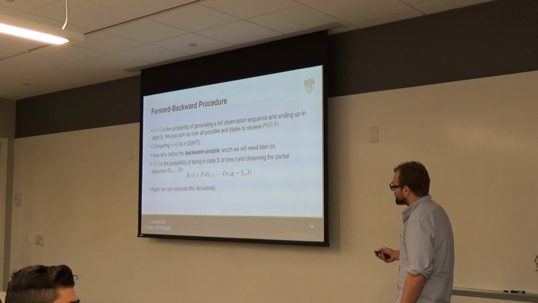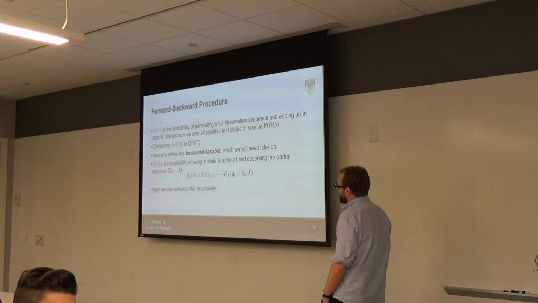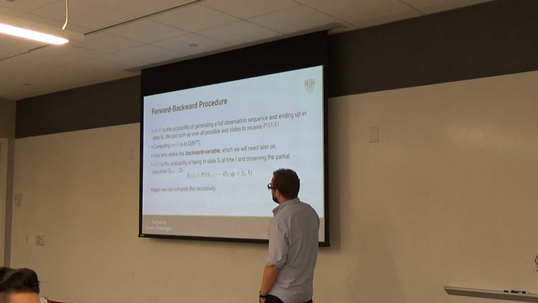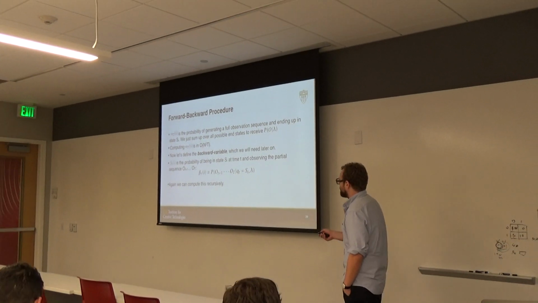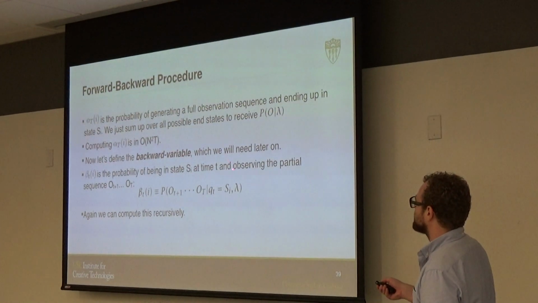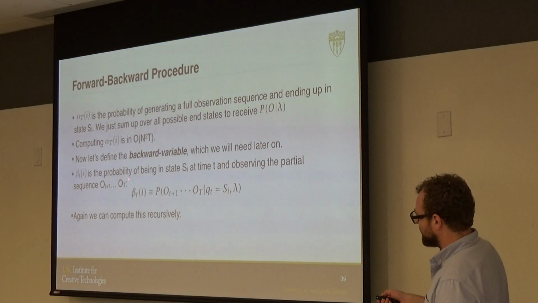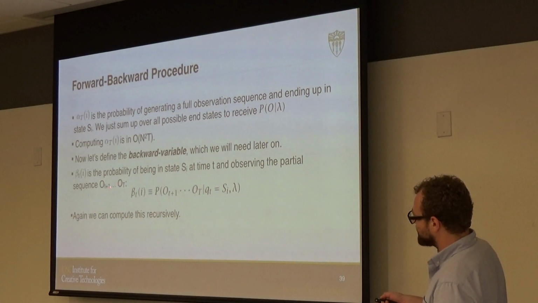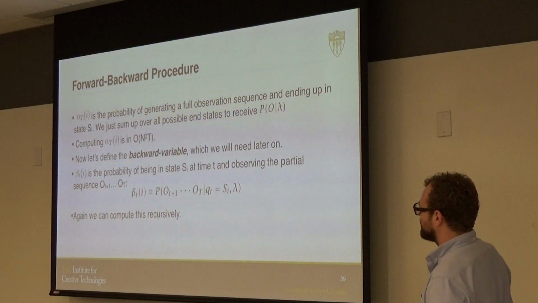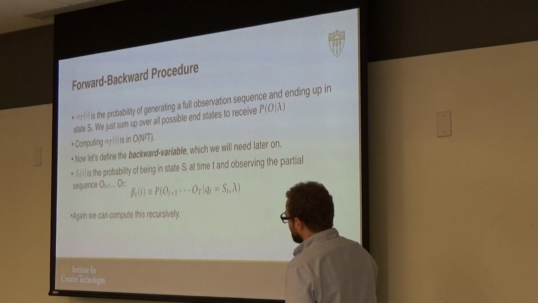So the backward variable now is basically beta. It is the probability of being in state Si at time t and observing the partial sequence from the t plus first observation until the end.